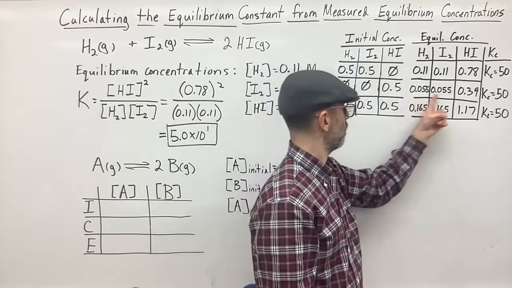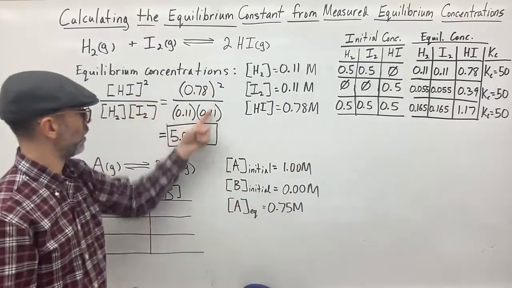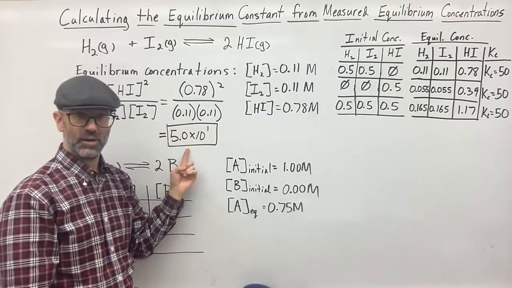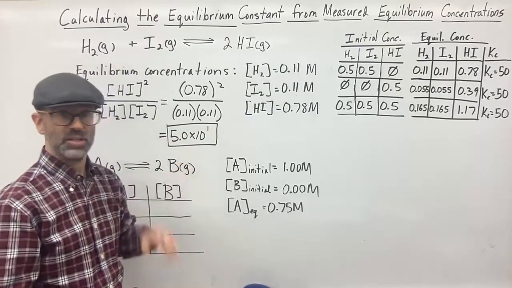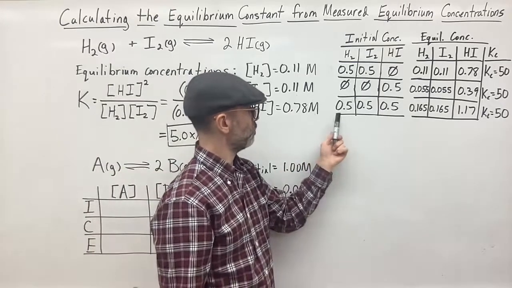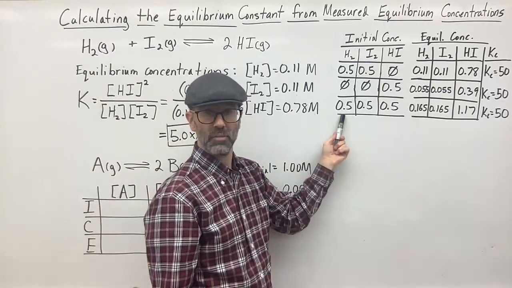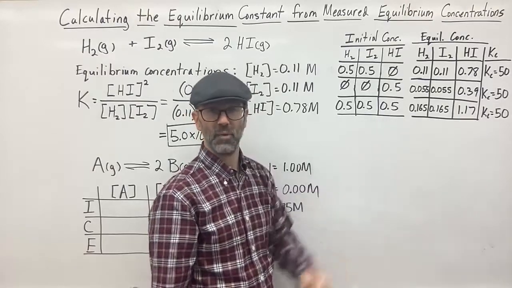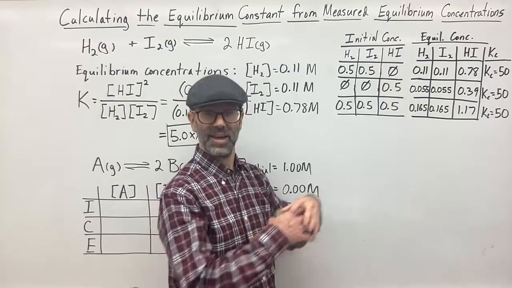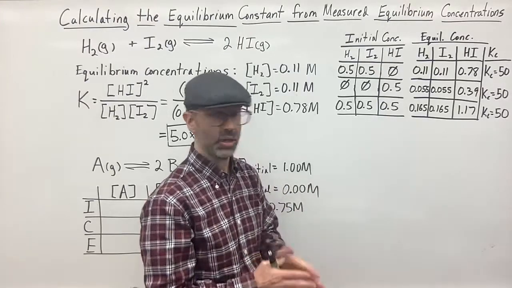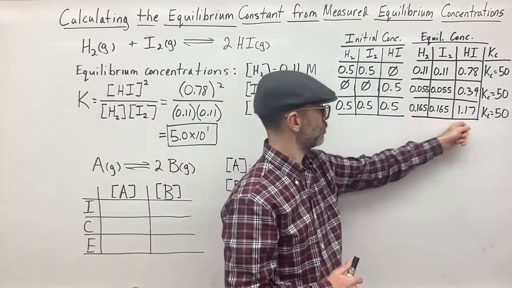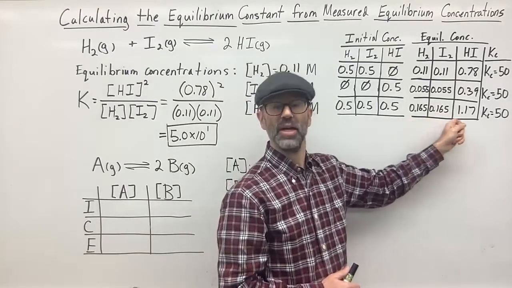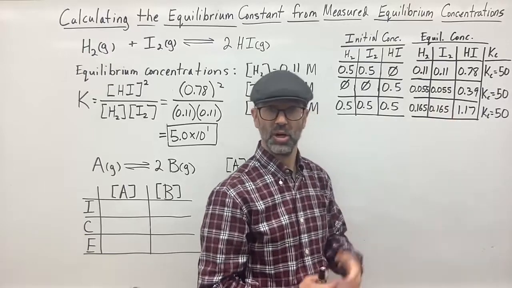If I take these numbers and plug them into the equation like I did before, I end up with the same value, 50. Same thing here. If I start with 0.5 molar of H2, 0.5 molar of I2, and 0.5 molar of HI, and I let the reaction go to equilibrium, I end up with different concentrations: 0.165, 0.165, and 1.17 molar respectively.